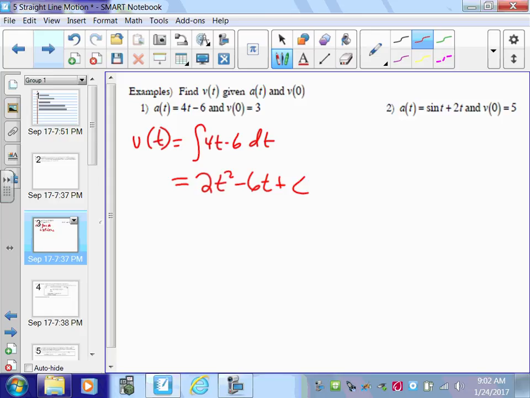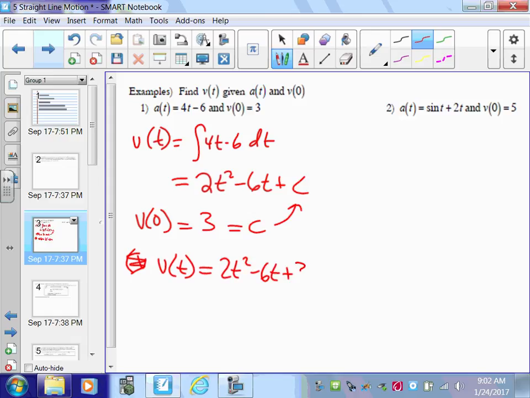Thank goodness we have a little bit more information. We know that the velocity at 0 is equal to 3, and that's your constant, that's your c. So therefore, v of t is equal to 2t squared minus 6t plus 3.